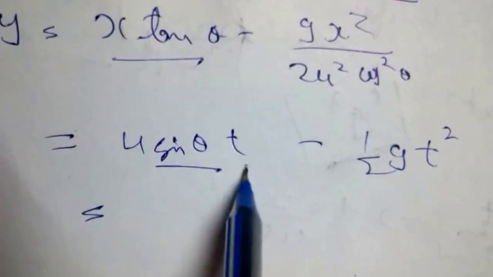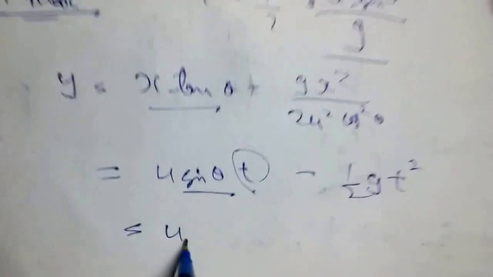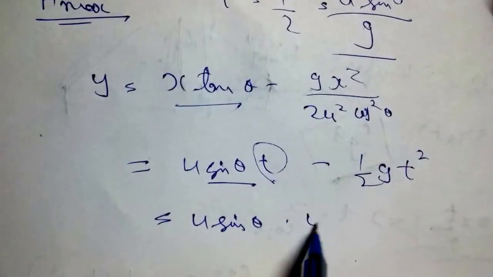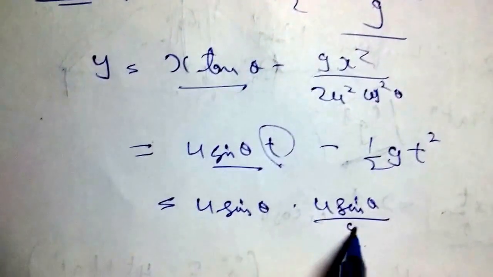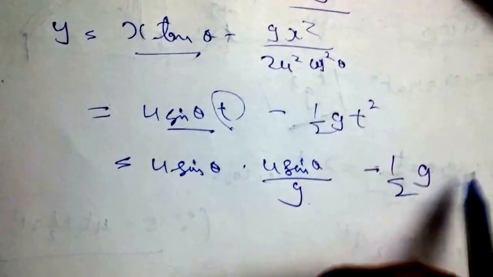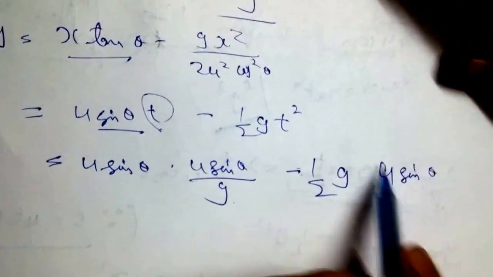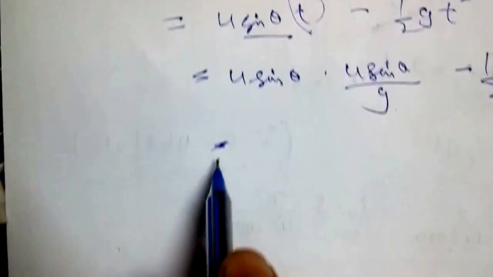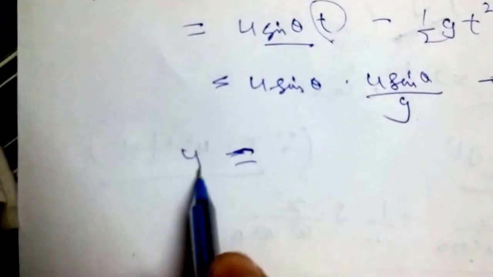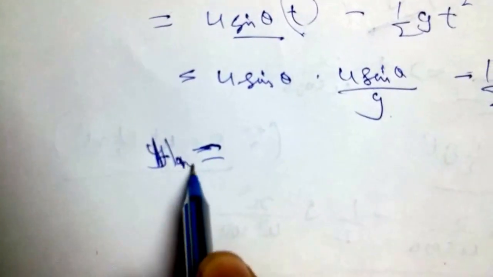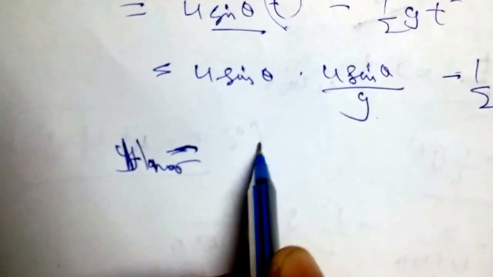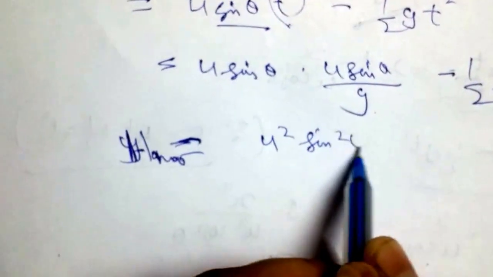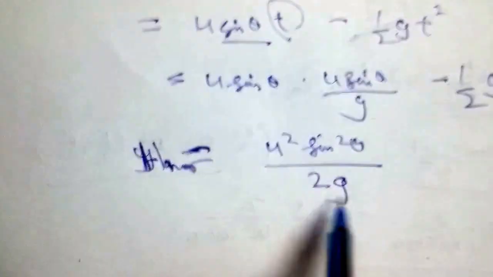So if I put t equals u sine theta by g, u sine theta multiplied by u sine theta by g minus 1 by 2 g into u sine theta by g whole square. On simplification, you will get the maximum distance covered in vertical direction as h max equals u square sine square theta by 2g.